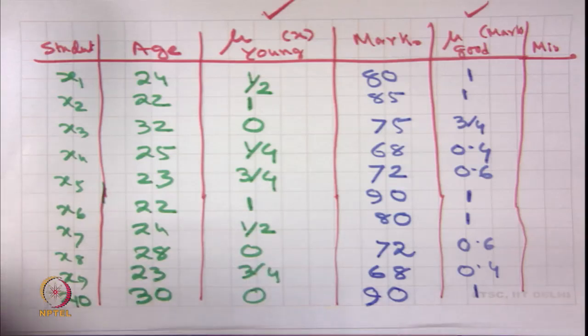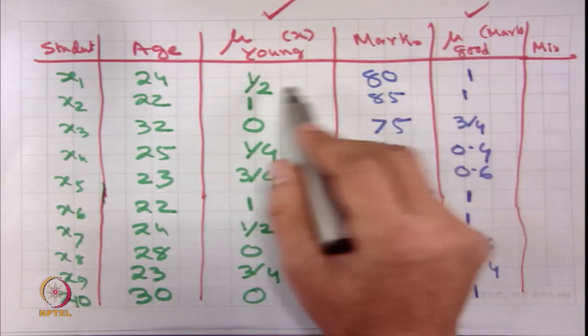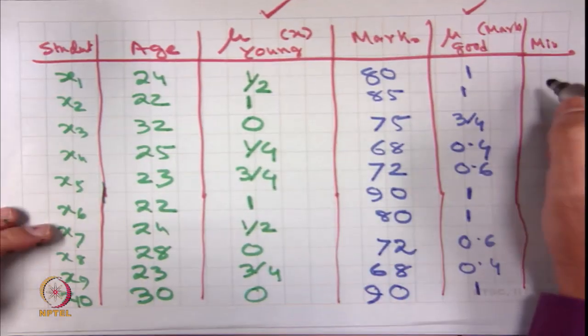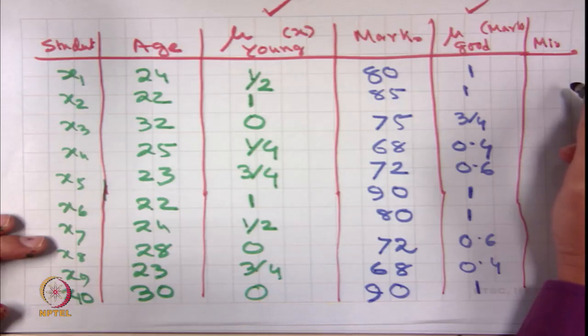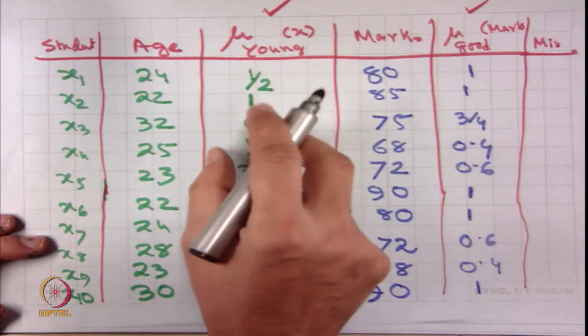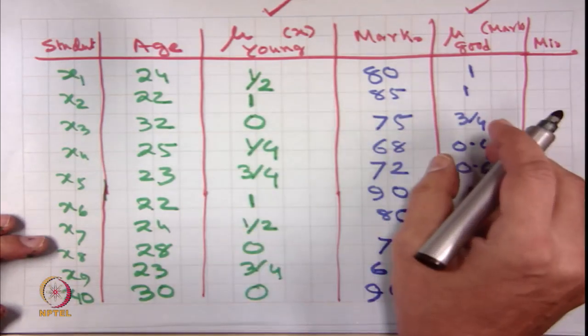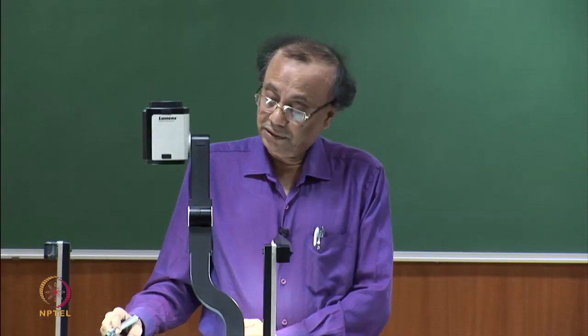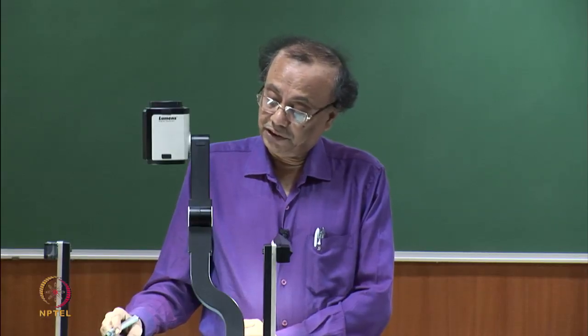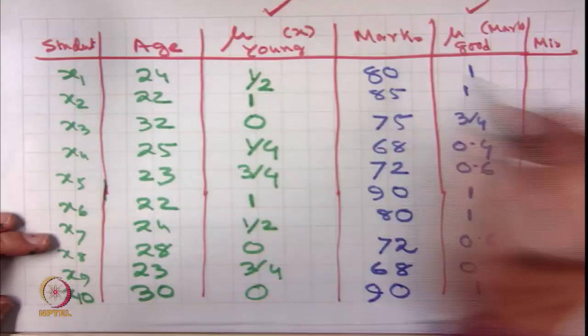Therefore, now we need to look at the minimum of this, because we are looking at both young as well as good performance. Therefore, we look at the conjunction of this, and by standard intersection or standard fuzzy t-norm, we are using the minimum.